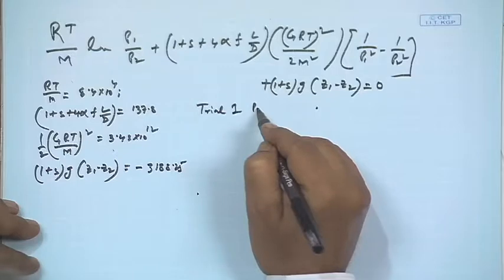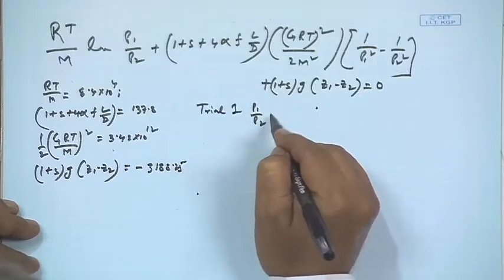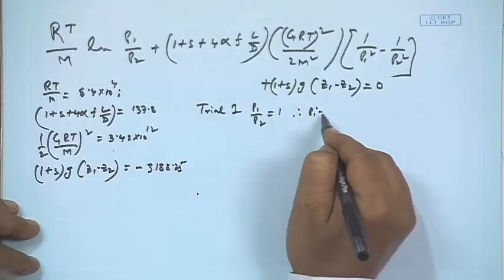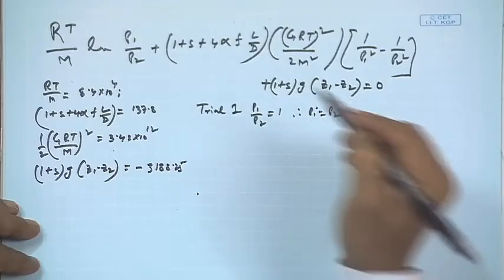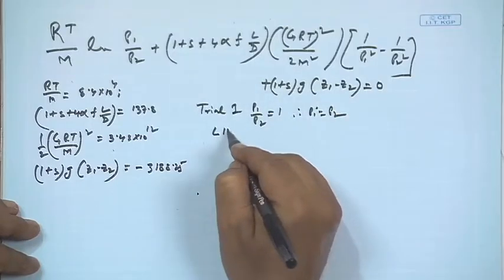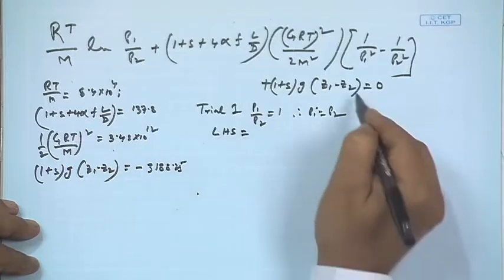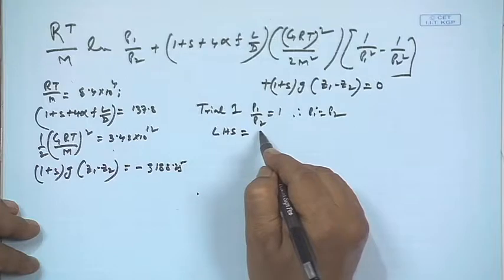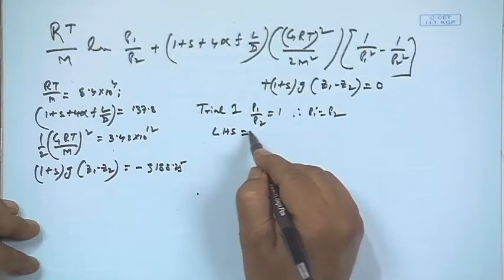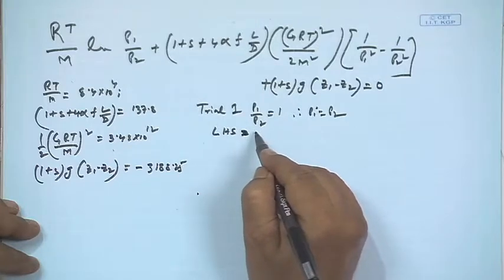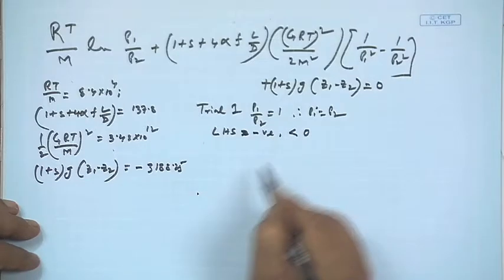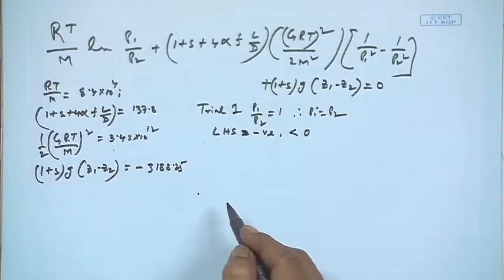So, we got trial 1, assuming P1 by P2 is equal to 1, that therefore P1 is equal to P2. The left hand side of this whole equation was less than 0, that is negative. Why?